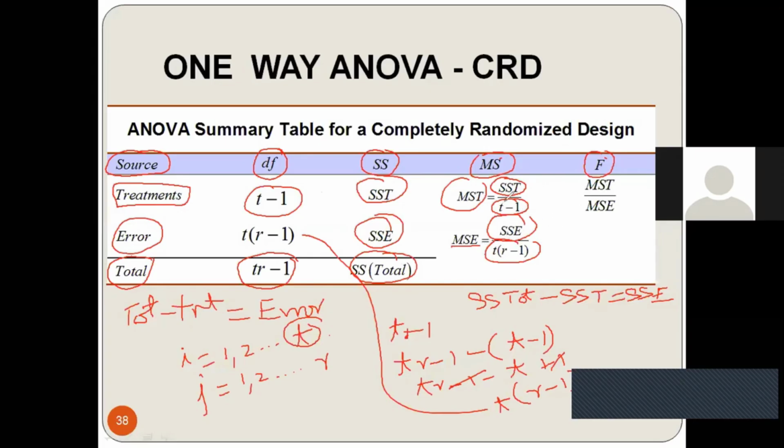Ultimately, we test the treatment with the error term. So mean square treatment divided by mean square error will give the F value. Then based on the F value, we decide whether we reject or accept our null hypothesis.